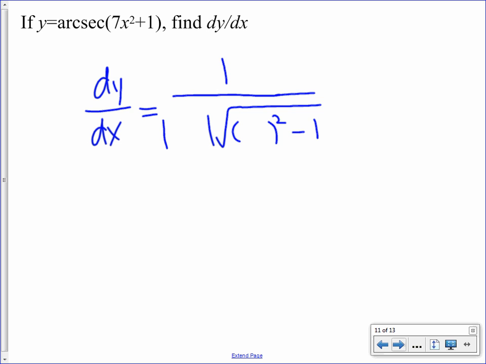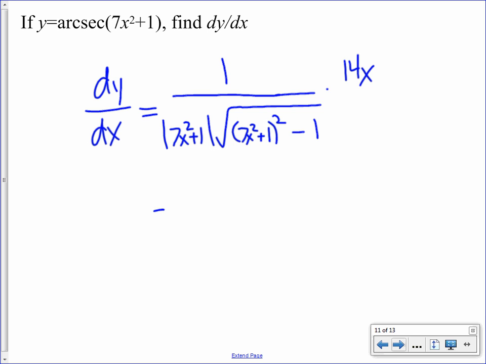So our angle is 7x squared plus 1. Okay, so there's our arcsecant derivative, and then what do we need to worry about? Chain rule. So we need to multiply by 14x.